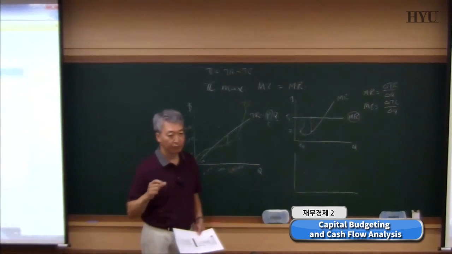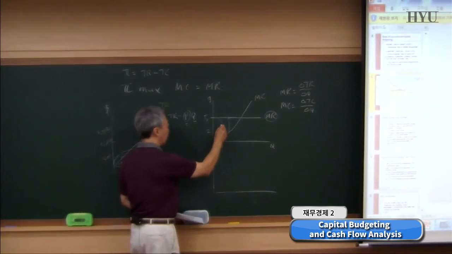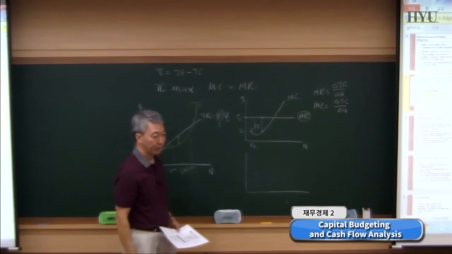Because you received $5 by selling that 50th unit, but it cost you $2 to produce that 50th unit, right? So that $3 is the marginal profit, okay?